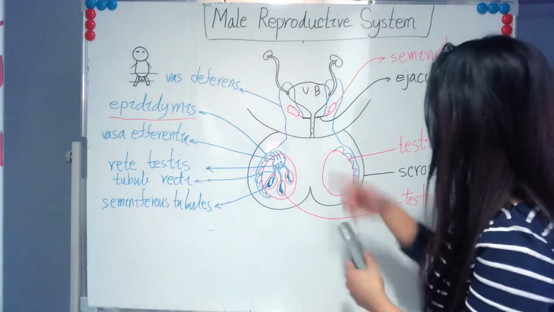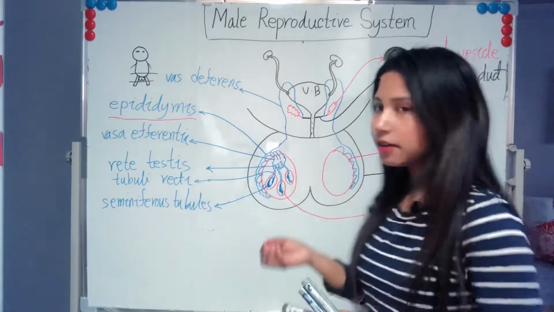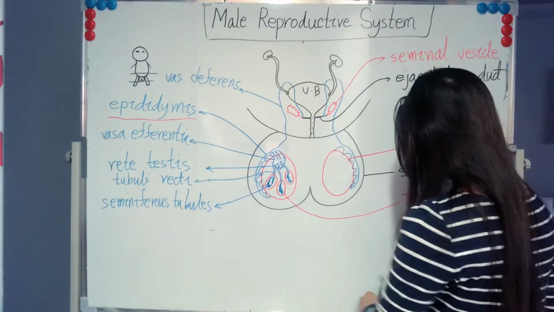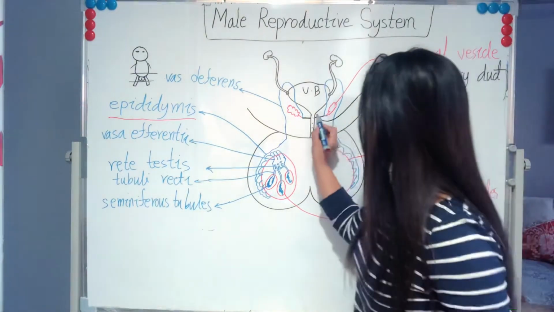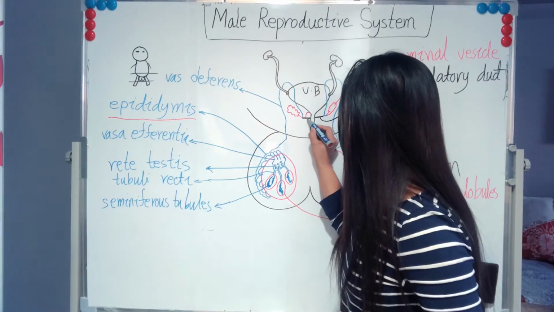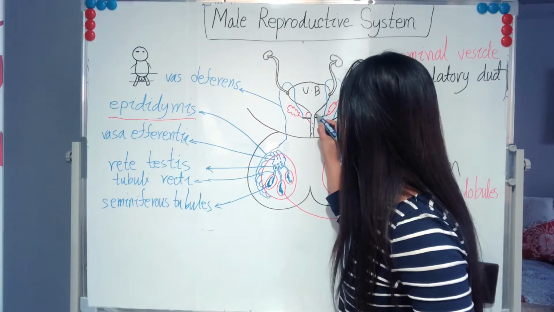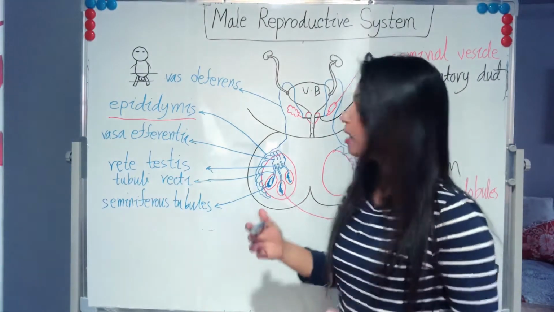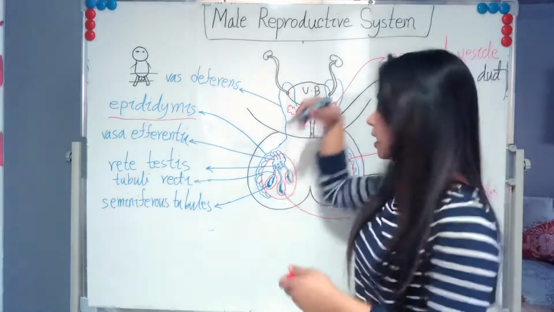Now this ejaculatory duct enters into another gland. Here another gland is present. This is the largest gland. This gland is donut shaped and it has a hole in the middle.